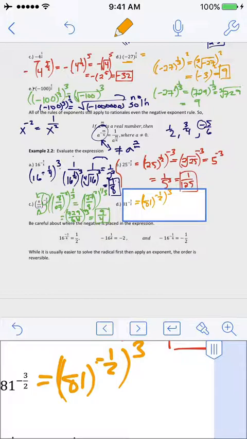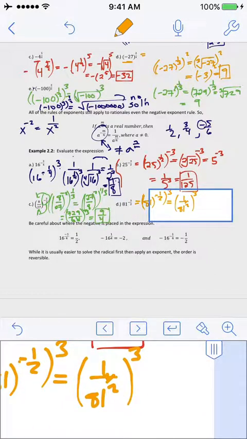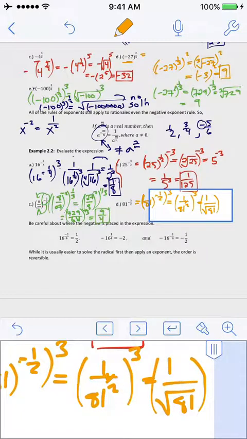So 81 to the negative would be 1 over 81 to the positive 1/2, all to the third. 1 over 81 to the 1/2 becomes 1 over the square root of 81, all to the third.